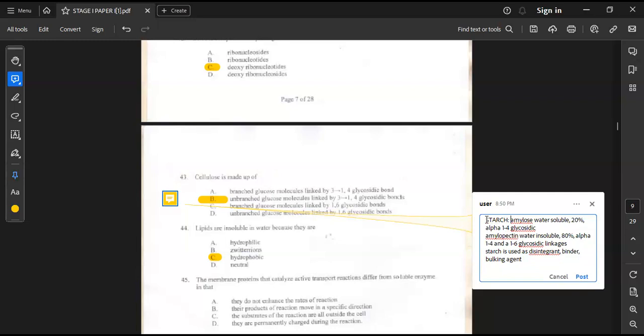What about the tests? The test for starch is just the iodine solution. It turns blue. Starch will form that blue complex with iodine.